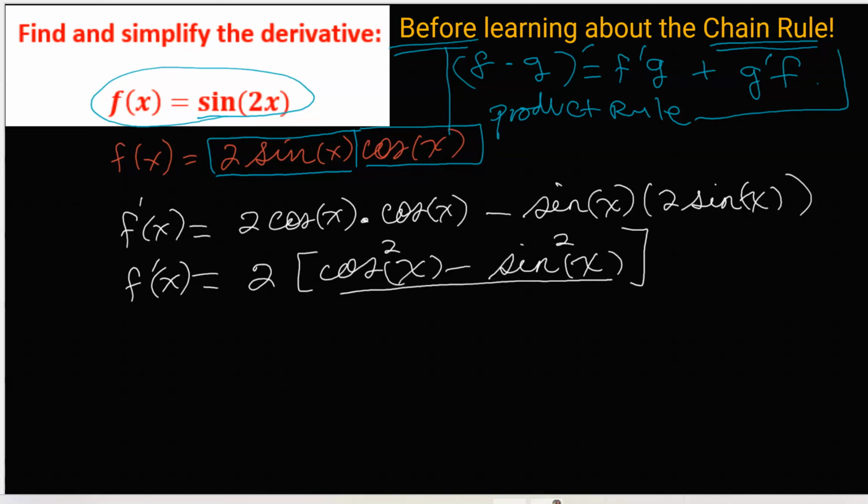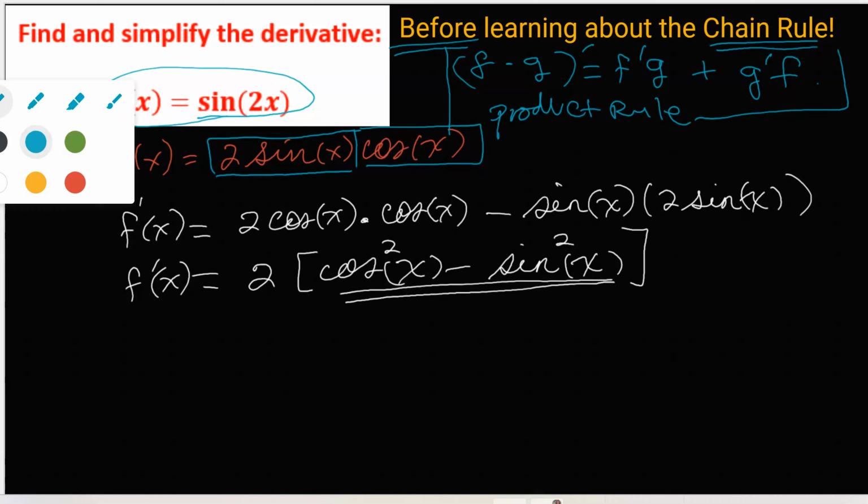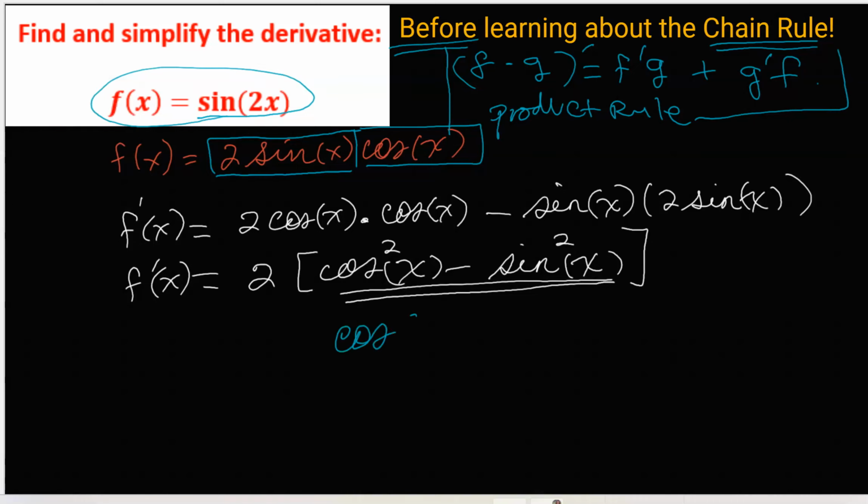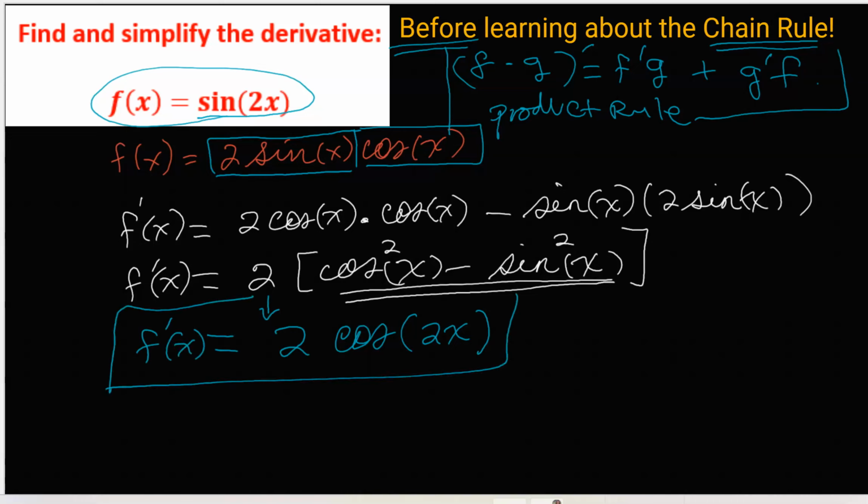Do you know this? That right there is cosine of 2x. And then there's a 2 in the front. And that is the derivative of f of x, simplified using the product rule.